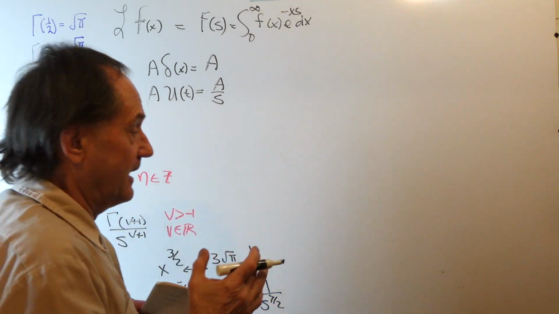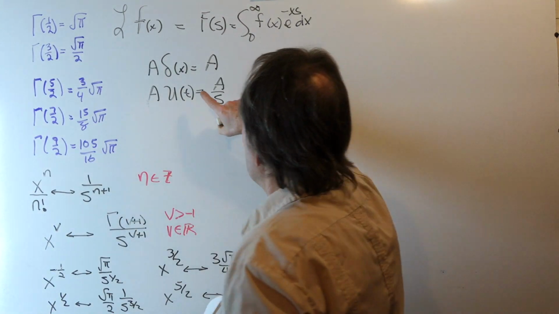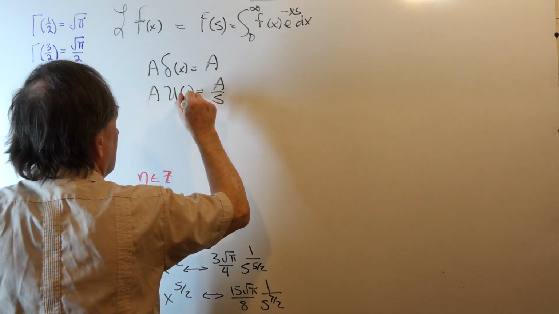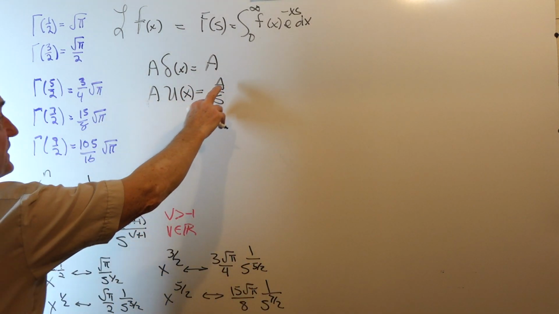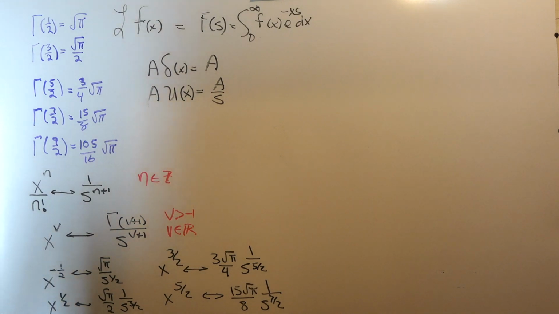So basically, a constant in the x domain becomes a constant divided by s in the frequency domain.